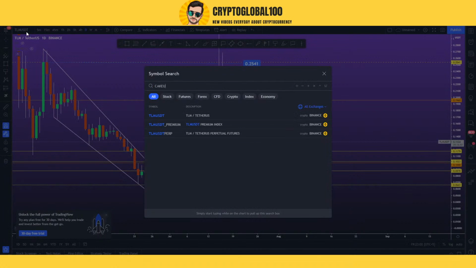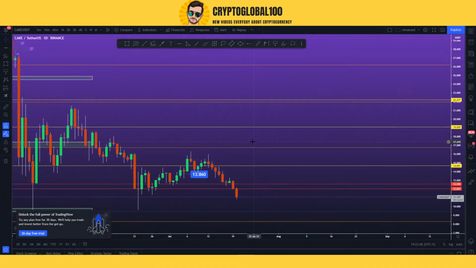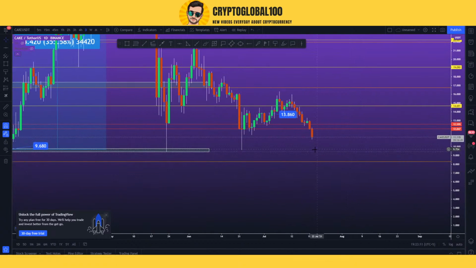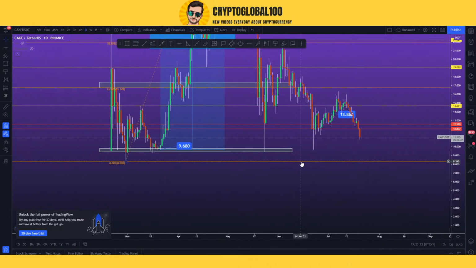Let's take a look at the cake. Cake is a very good coin. Again, it has reached $11. If we take a look at here, this level has been tested multiple times, so I would make it this one here. So you can place your buy orders here for the cake.